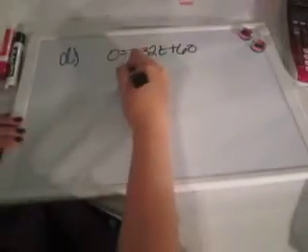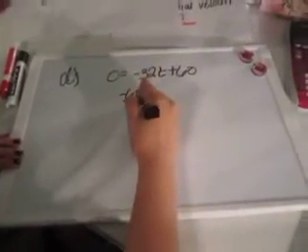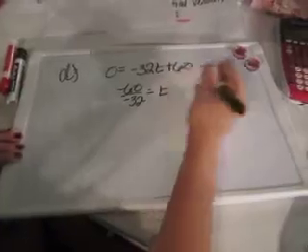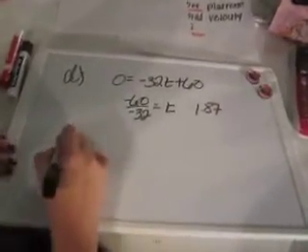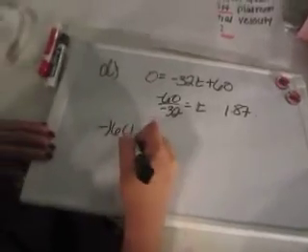Now we're trying to find the maximum height attained. Again, we set the velocity to 0. We find t, which in this case is 1.87. We plug it into the original function.